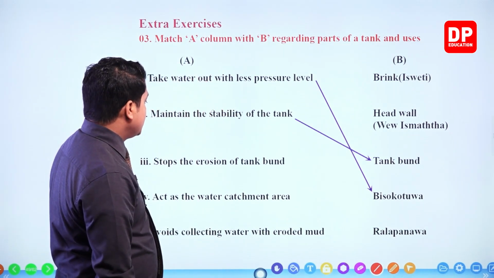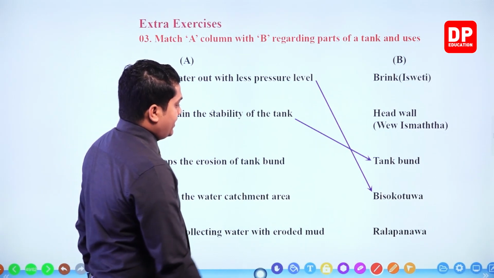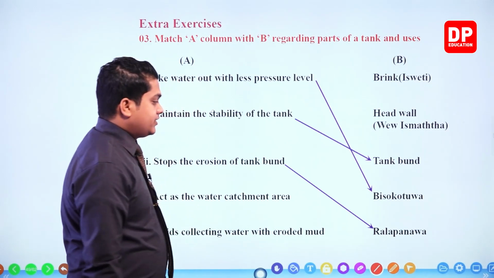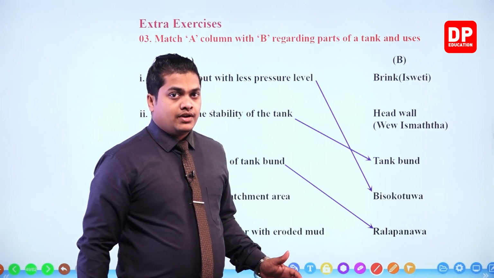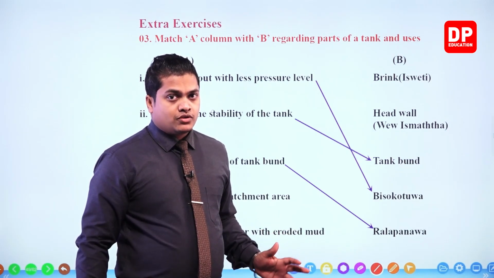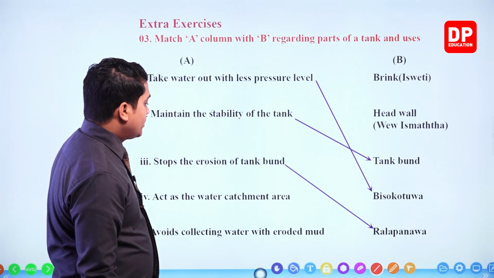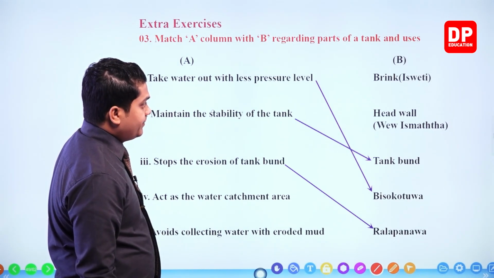Next one. Stops the erosion of tank bund. Ralapanav, right? It's the place where stones and other structures are placed within the tank bund and it stops the erosion of the tank bund. Next one. Act as the water catchment area.